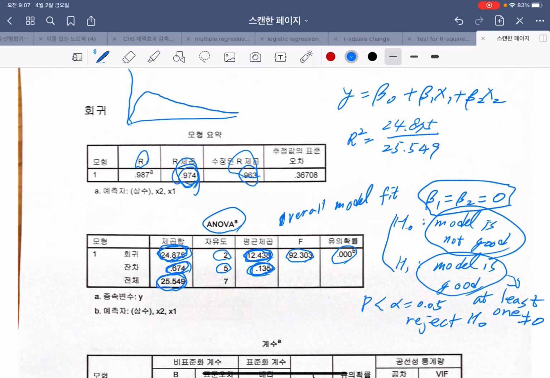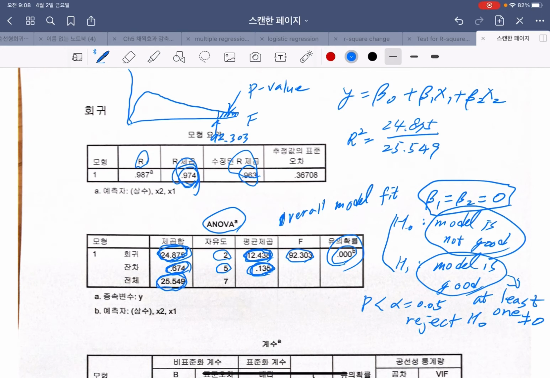You mark here 92.303, and the computer computes this area. This is the p-value. In this case, the p-value is almost zero. Now, let me repeat this.